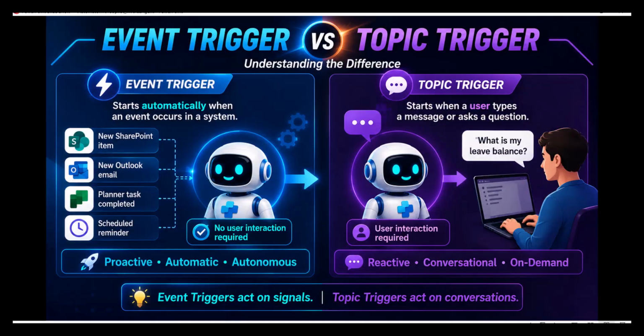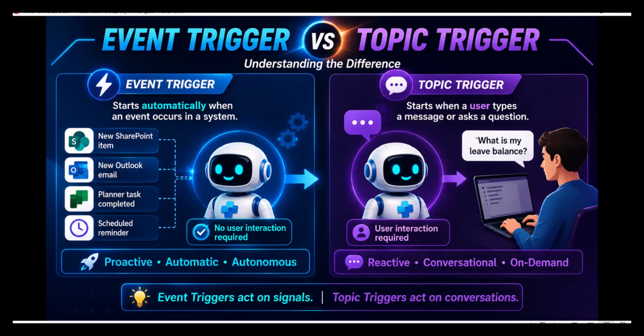Now, many people get confused between these two triggers, the event trigger and the topic trigger. Let's understand the difference. A topic trigger starts when the user types something, for example, what is my leave balance? The conversation begins because the user messages. An event trigger does not wait for a conversation.